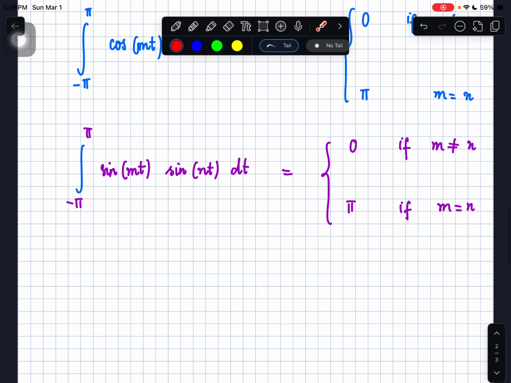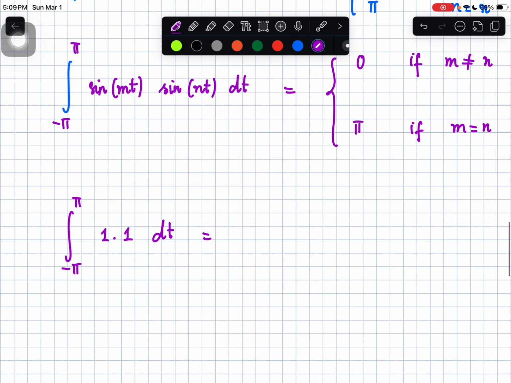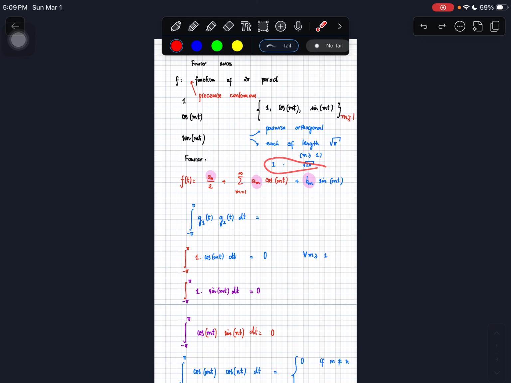The integral from minus pi to pi of 1 times 1 dt is easy to compute. It is t from minus pi to pi, which is pi minus minus pi, which is 2 pi. So the length squared of 1 gives us 2 pi. Therefore the length, as claimed here, is root 2 pi.